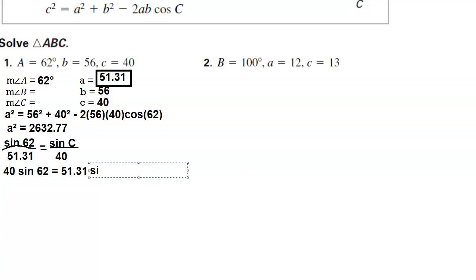So whenever I'm deciding which part to do next, I'm going to pick the smaller side because the smaller side is going to be connected to the smaller angle. And the smaller angle can't be obtuse.